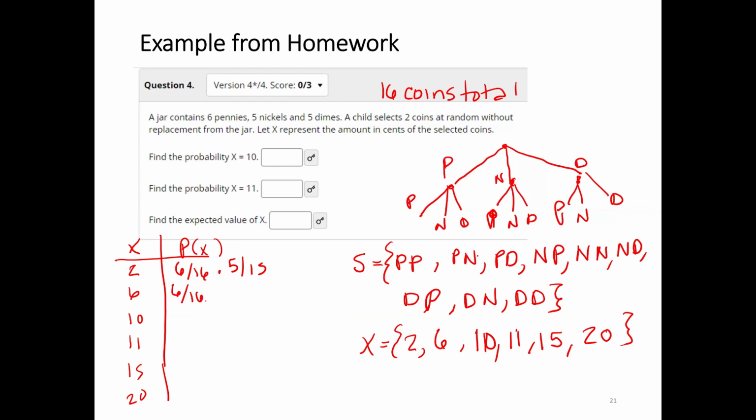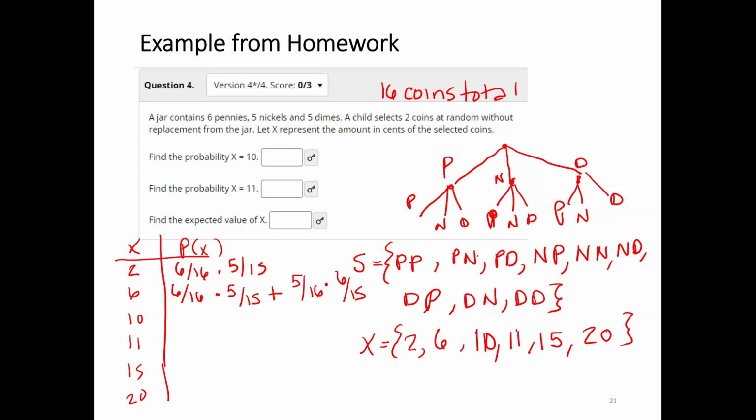And what about nickels? Do I have 5 nickels? And then add to that the probability of getting a nickel then a penny: is that 5 out of 16 times 6 out of 15? And you can calculate those for the rest of them.